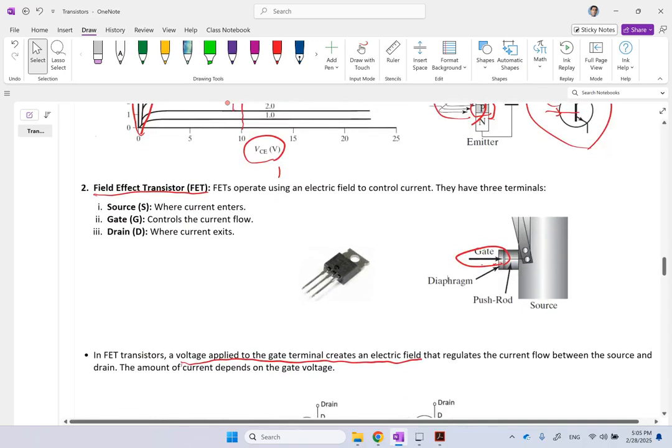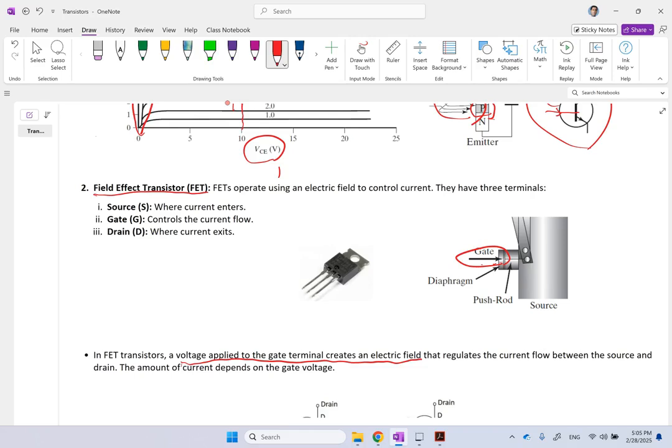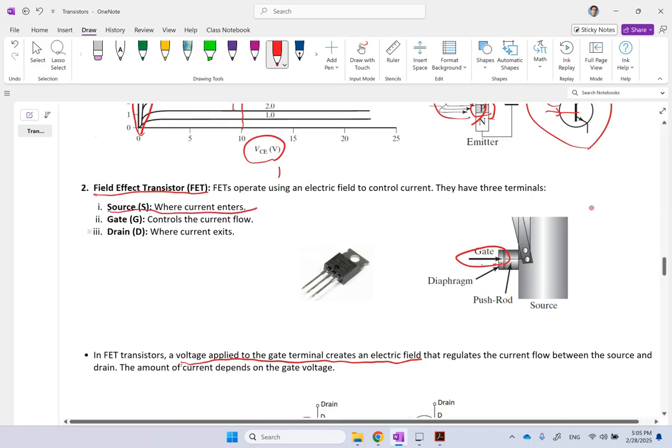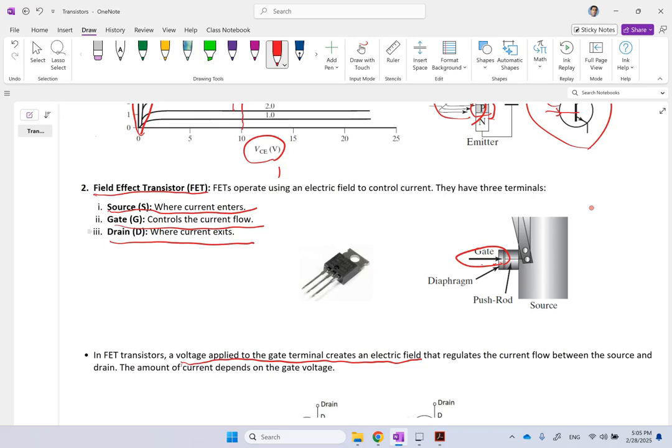So it has 3 pins. These pins, instead of collector, emitter, and base, are called source, drain and gate. Gate is the one that controls the flow. Drain is where the current exits. Source is where the current enters.